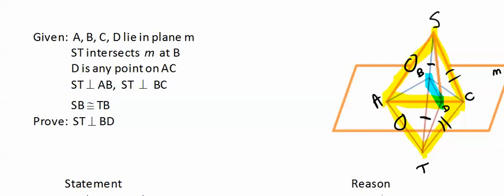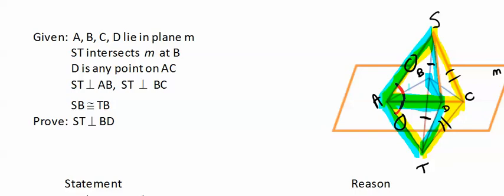Now what that does is it proves that the triangles not only are congruent, but the corresponding parts are too. So then we can say that angle SAC is congruent to angle TAC. And that's a part of the triangles in front, SAD and TAD.